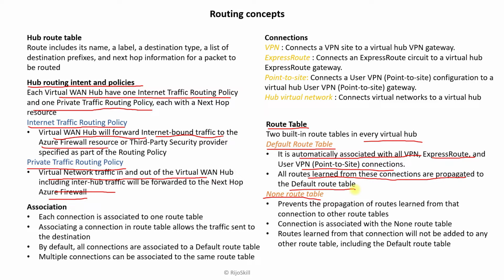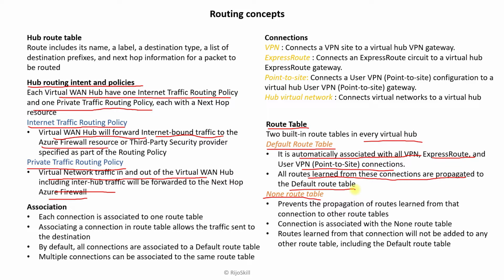So simply, when you create your hub, it automatically creates two route tables, one default route table and one none route table. The default route table is connected by default to your connections, site to site VPN and ExpressRoute.